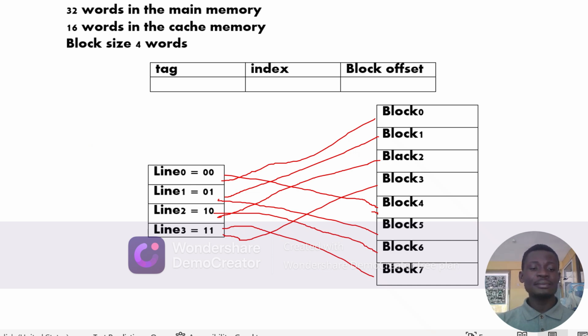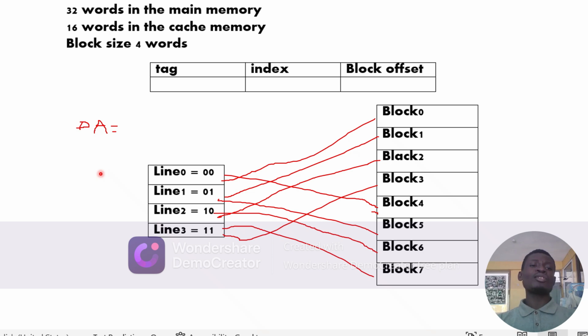The physical address depends on these total words. So this is how we are going to do it.